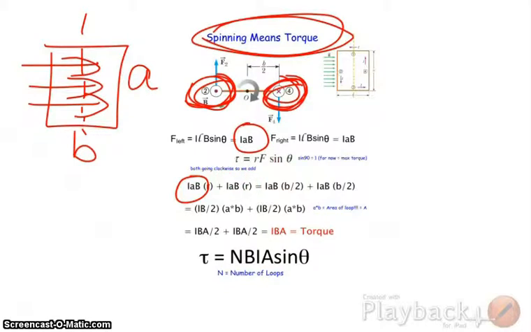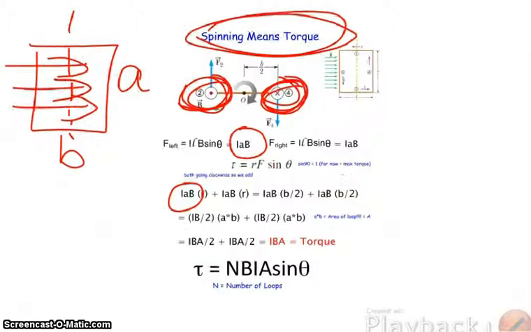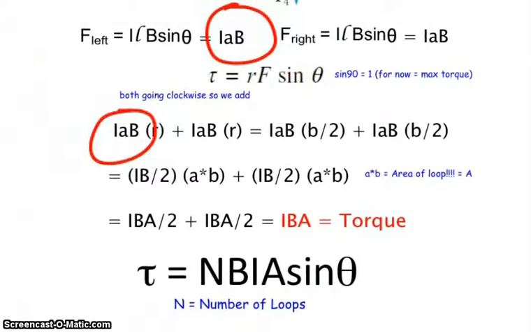Now we're going to simplify R down. Rather than being the radius, you say, okay, well this whole side is B, so R is B over 2. Like that. So you plug it in, simplify it out, and you get A times B. A times B is the area of the loop.